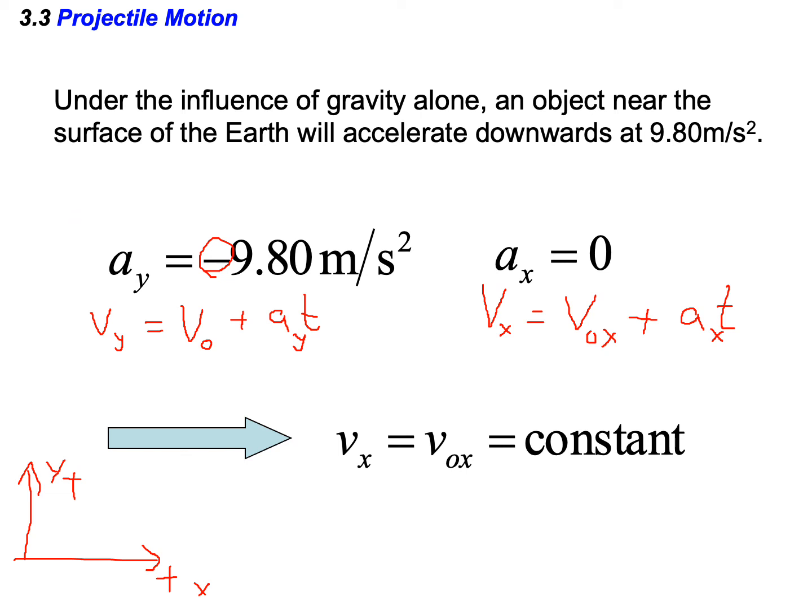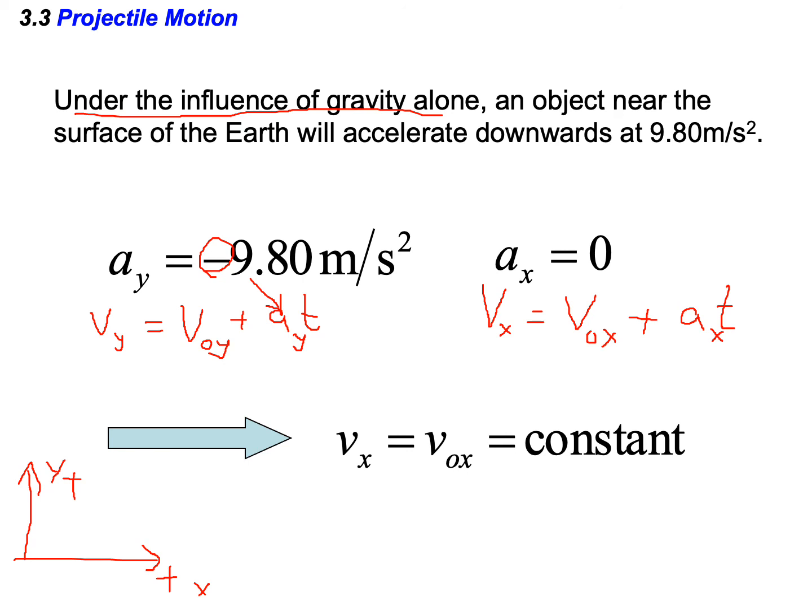And let me write, this is one of the equations we learned to calculate the speed or velocity along y direction. Final velocity is equal to initial velocity along y direction plus acceleration along y times t. So since we already know the acceleration, instead of a_y, you can write negative 9.8. And under the influence of gravity alone, an object near the Earth's surface will accelerate.